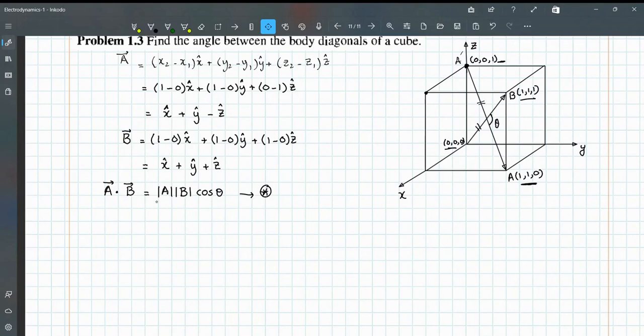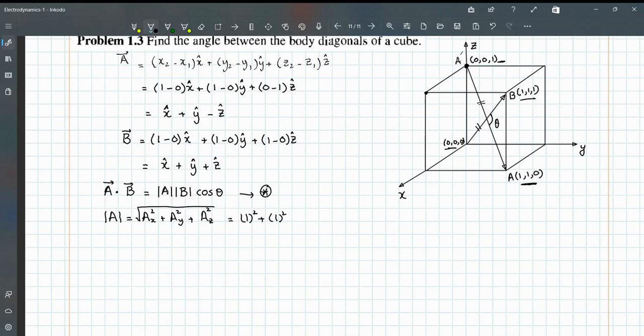First of all we need the magnitude of A and the magnitude of B. The magnitude of A is the square root of the square of the x component, plus the square of the y component, plus the square of the z component. In our case the x component is 1, the y component is 1, and the z component is minus 1.